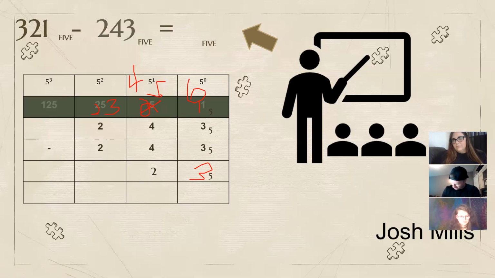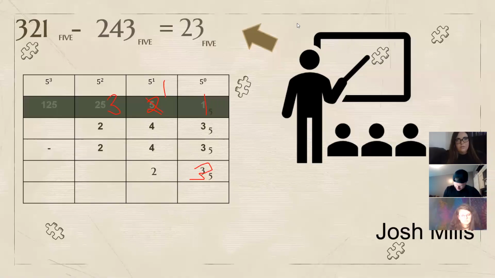It would be 321 minus 243. You subtract, borrow the 2. Here, I'll just do it right here. So you would borrow this, and you would not make that a 6, would you? Here we go.